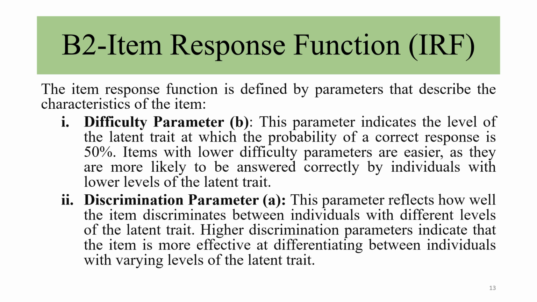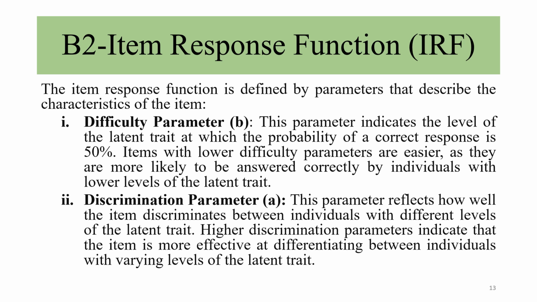Items of lower difficulty level get more correct responses, and items of higher difficulty level get fewer correct responses. The difficulty parameter is actually the facility index, and it is equally valid in classical test theory and item response theory.